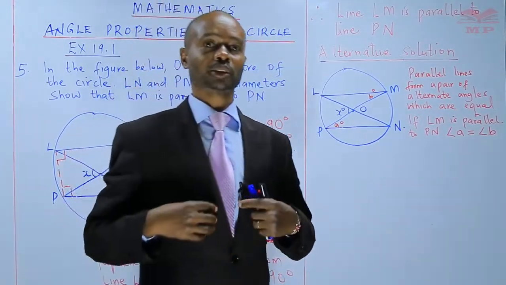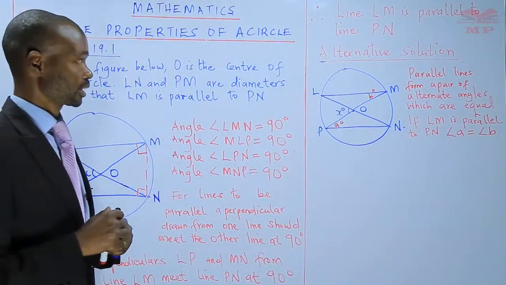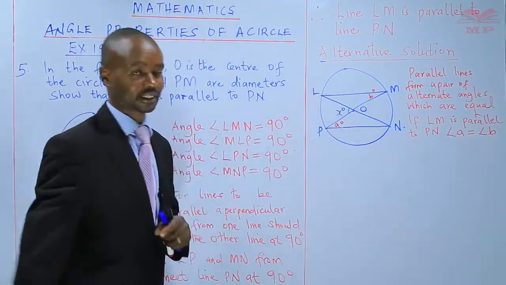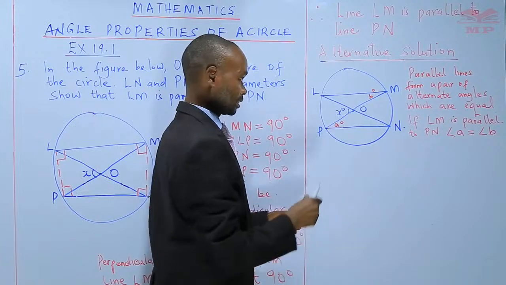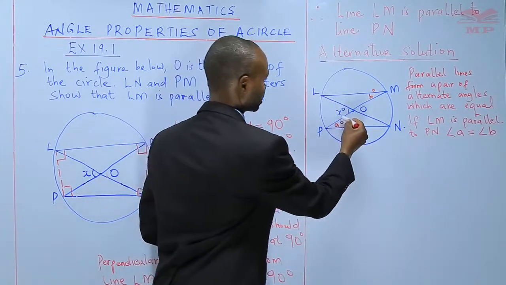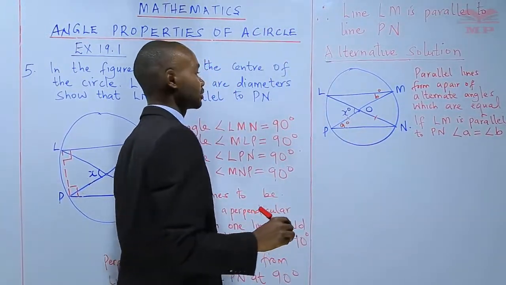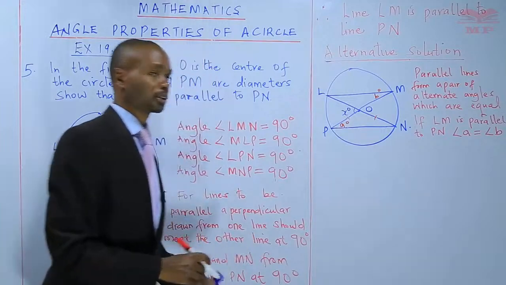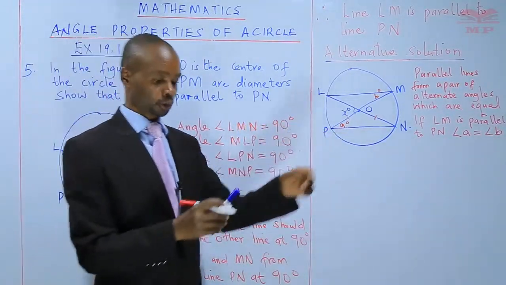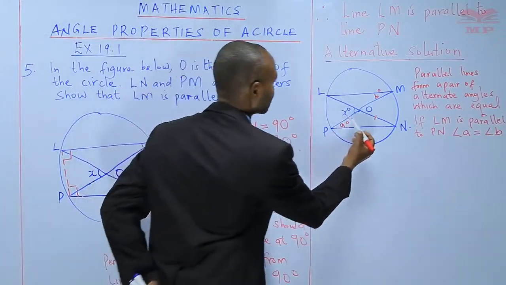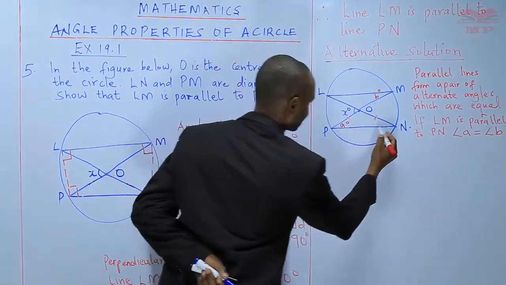So let's go to finding the value of angle A. We go back to the diagram. That is a straight line. This is angle A, arising from an isosceles triangle. In an isosceles triangle, the two base angles should be equal. So if we have OPN as A, we shall have ONP as A degrees.